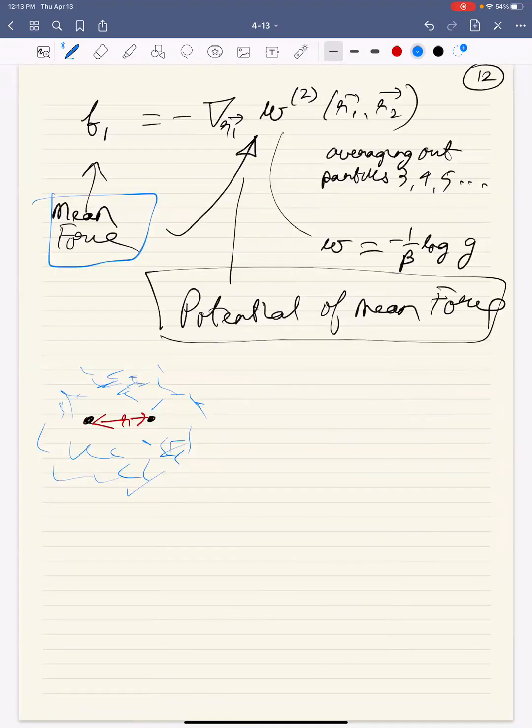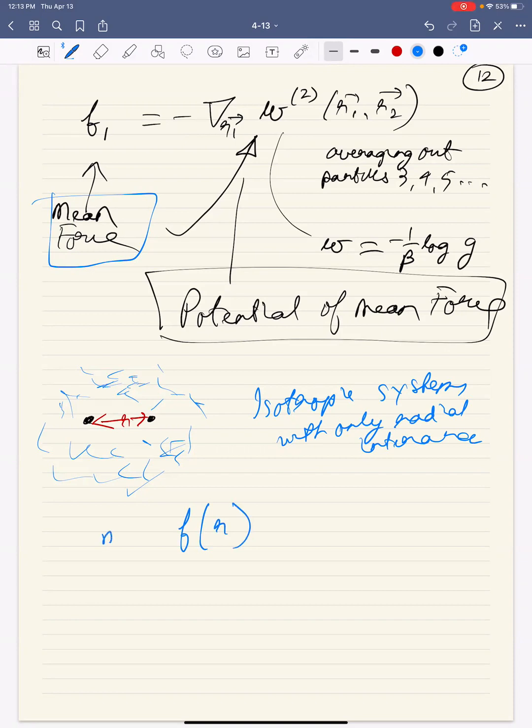Now, the final expression that I want to write today, and I want you to think about it, is that if you have simple, well, I shouldn't call it simple, if you had isotropic systems with only radial interactions, then you could say that the force between two particles, the mean force between two particles as a function of their distance r would be minus d by dr of w of r.